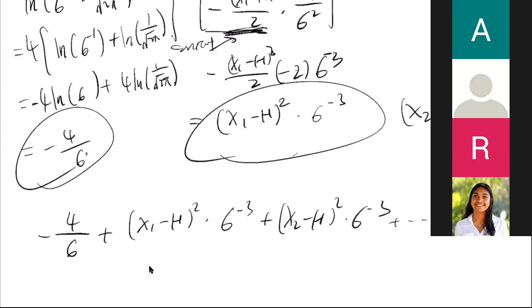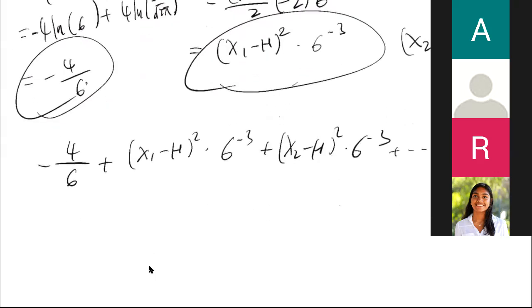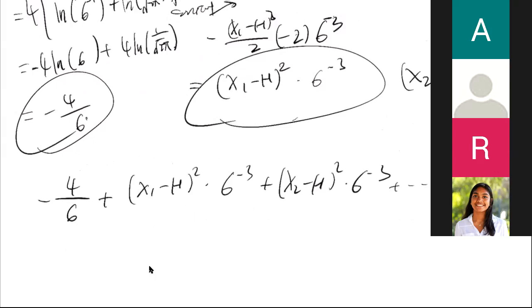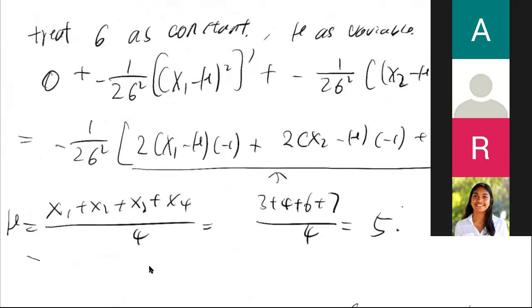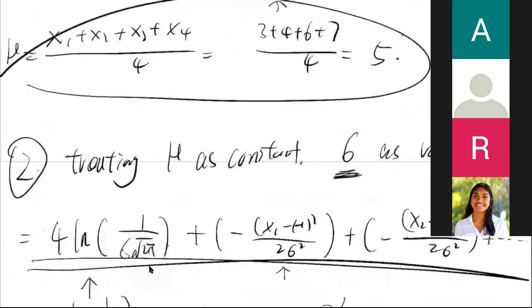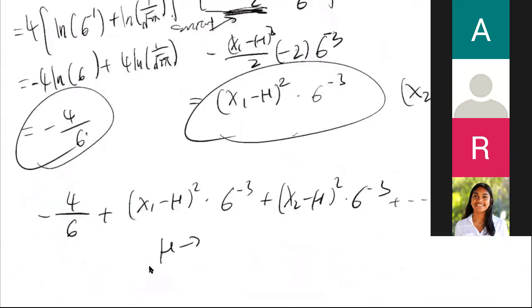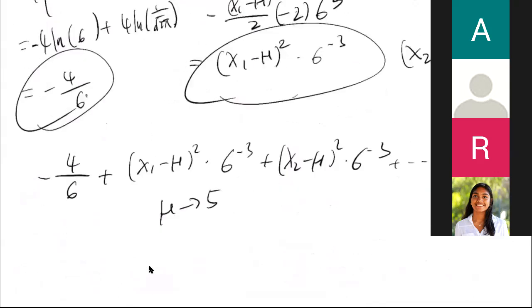Because in the previous part we calculated mu equal to 5, we plug in mu equal to 5 here, and then there's just algebraic work to get sigma. At the end, sigma squared is 2.5, so sigma is the square root of 2.5.